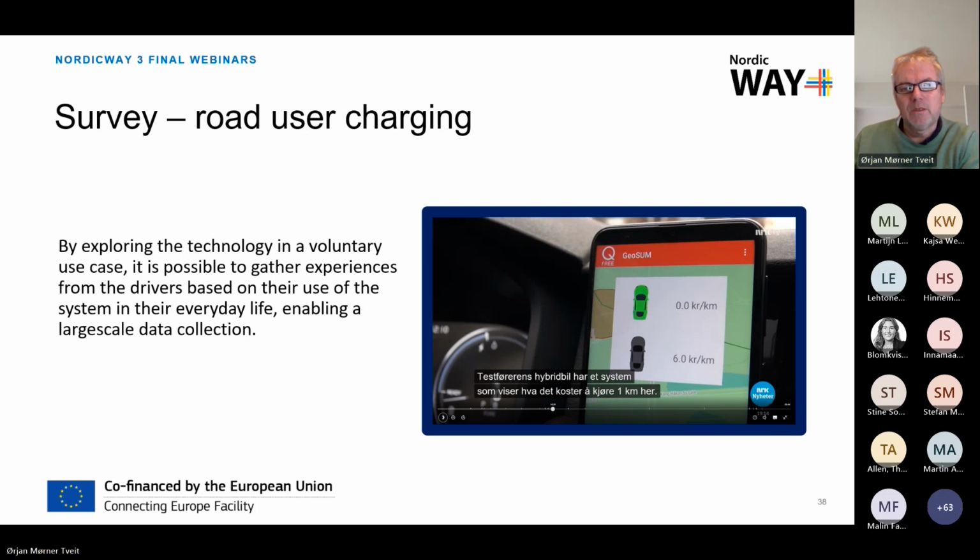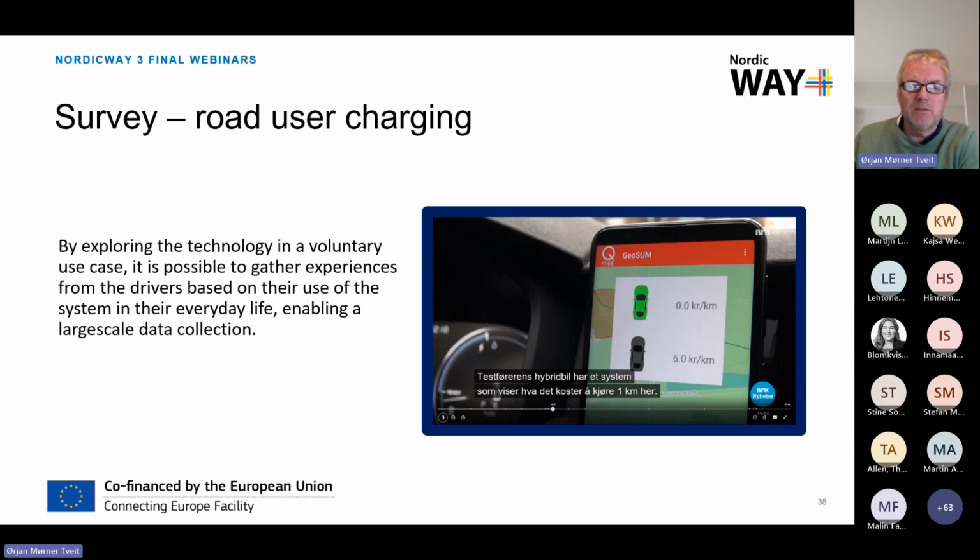If they drove diesel or whatever else, the fee was 3 Norwegian kroner per kilometer. So they had to pay if they were driving non-electrical. As gamification, they started with an account of 1,000 kroner, and then it decreased based on how they drove. When they finished the test in 2 months, they would get the money that was left in the account.